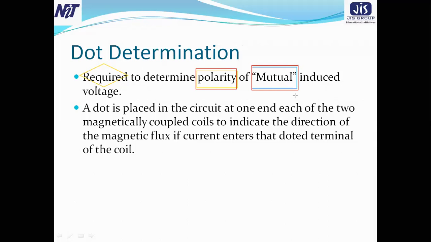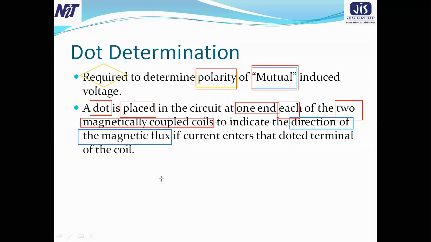So first, it is required to determine the polarity of mutual induced voltage, and second, a dot is placed at one end of each of the two magnetically coupled coils, to indicate the direction of the magnetic flux if current enters the dotted terminal of the coil.